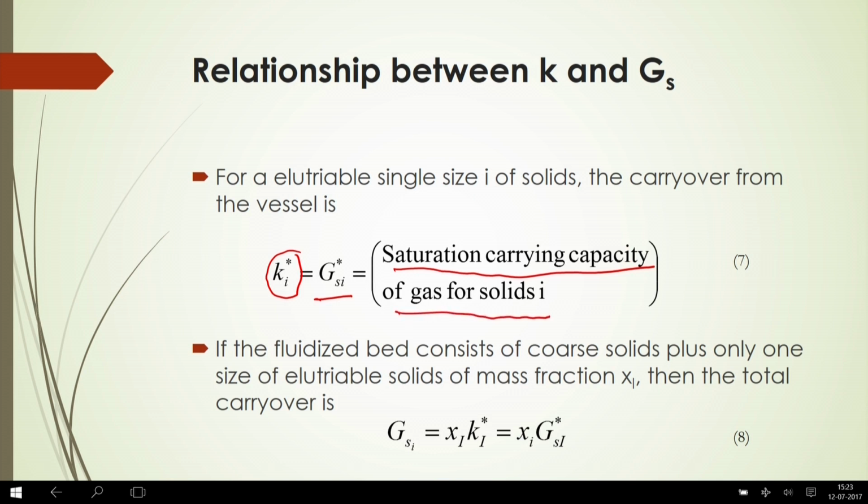If the fluidized bed consists of coarse solids plus only one size of elutriable solids of mass fraction x_i, then the total carryover will be equal to x_i into k_i star, that is, x_i into G_si star.